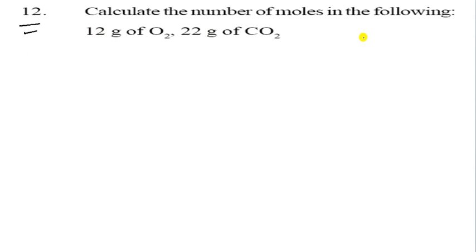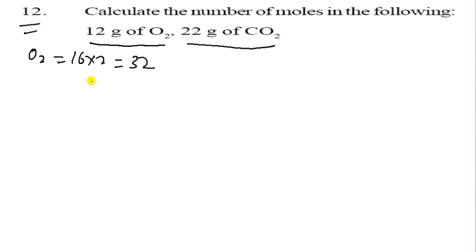Now come to the 12th question. Calculate the number of moles in the following: 12 gram of O2 and 22 gram of CO2. It is two questions. First of all, 12 gram of O2. So O2 molecular mass is 16 into 2. It becomes 32. So 32 gram of O2 will be equal to 1 mole.